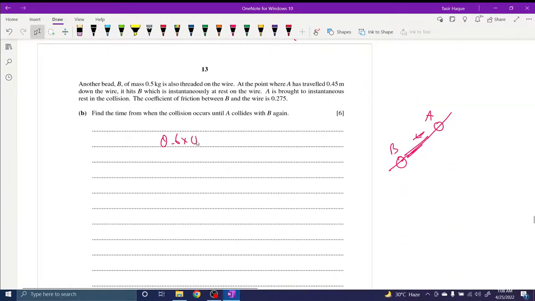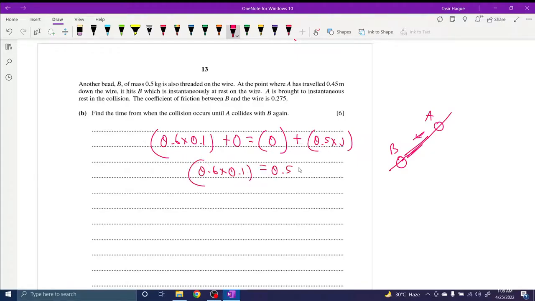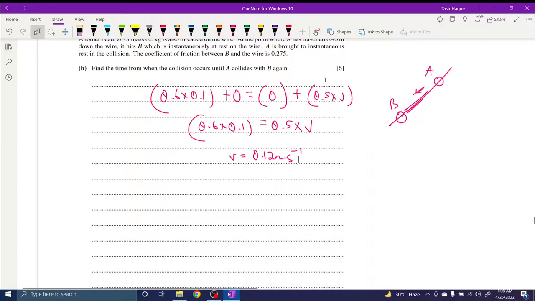So 0.6 into 0.1 plus 0 is equal to, A comes to rest, so A becomes 0, and B becomes 0.5 into v. This is what we need to find out. So 0.6 into 0.1 is equal to 0.5 into v. We are getting a value of v equal to 0.12 meter per second. This is the velocity of B right after the collision.